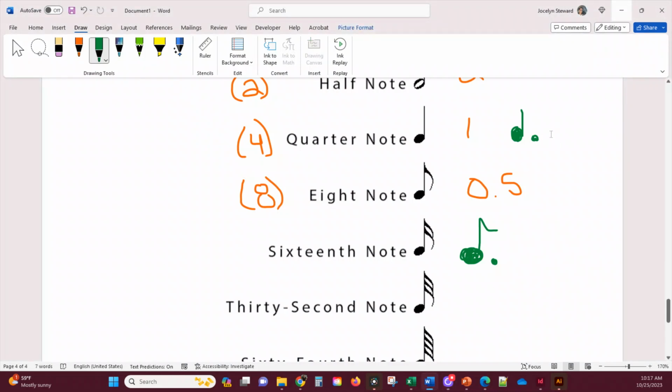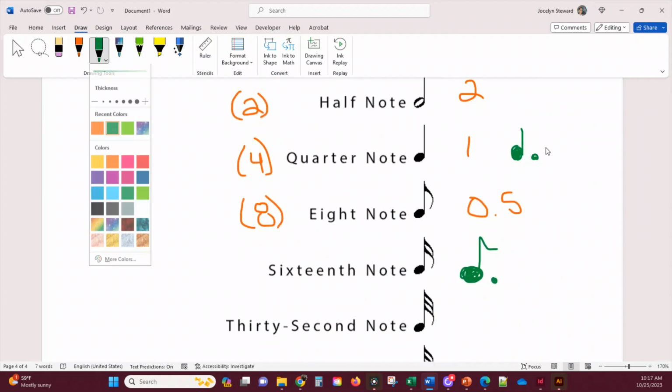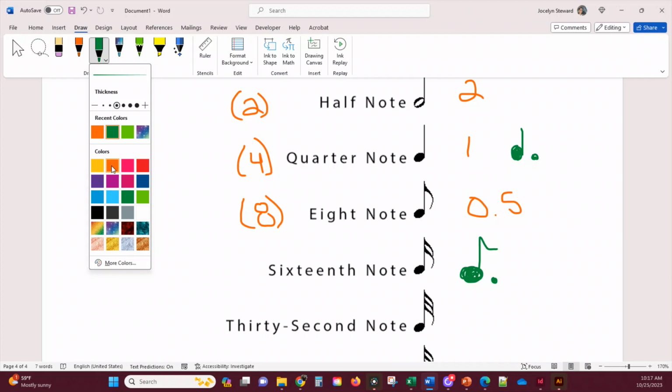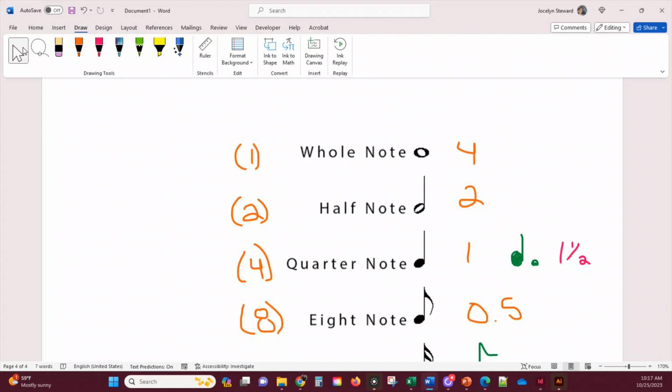Okay, so it adds half. So this is now not one beat, it's 1.5 beats. Now, you might also see whatever the half is. So you might also see, oops, let me erase that one.